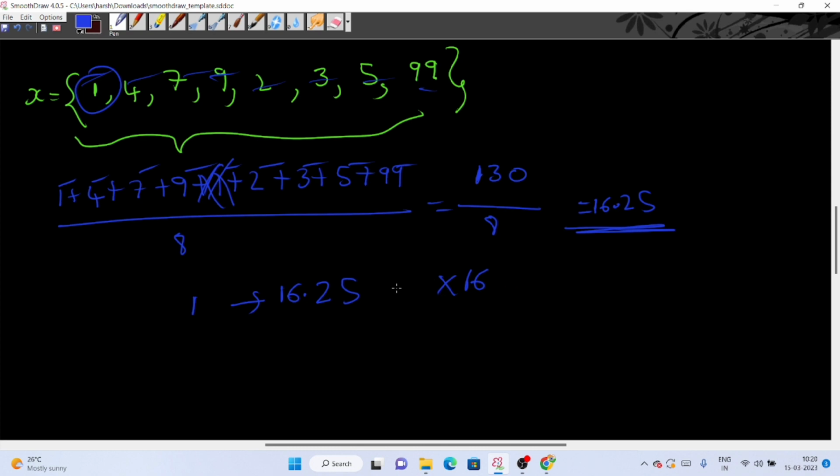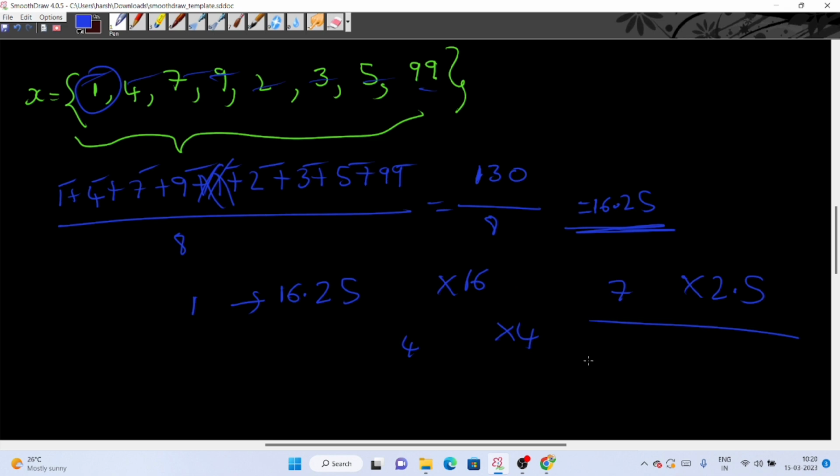We can't consider 16.25 as the mean to fill a missing value, because it is completely different from the number 1. Even with the number 4 it is 4 times greater, and with the number 7 it is almost 2.5 times greater.